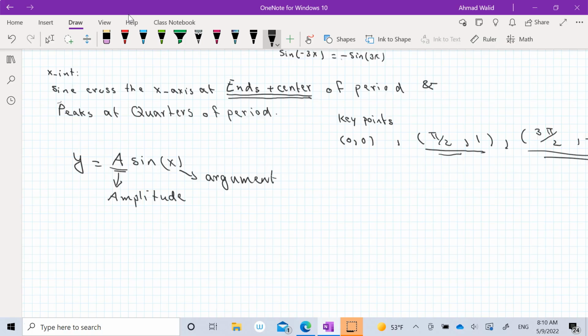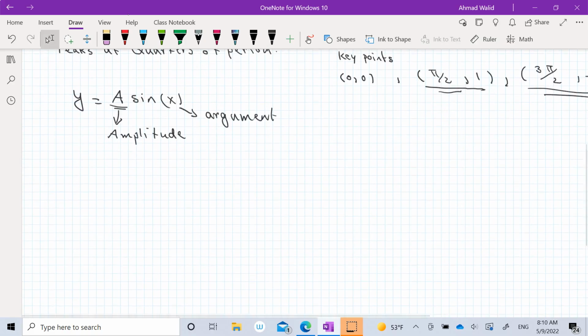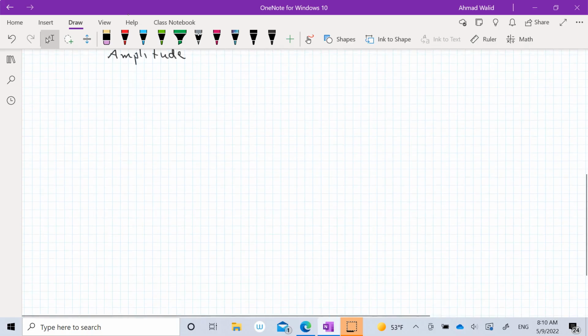If you remember transformation, the number that comes at the beginning is always our vertical stretch or compress. And I will show you in the next 2 examples how that A affects the graph of sine.